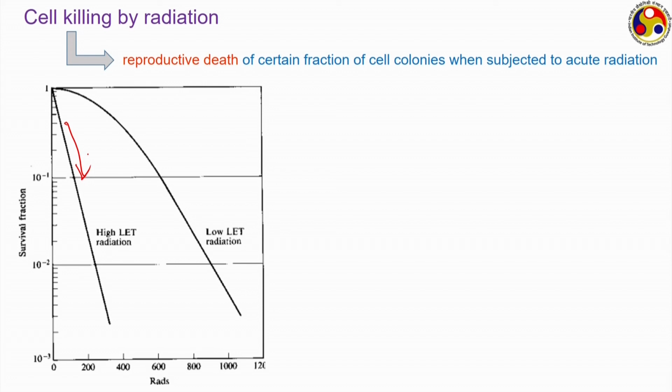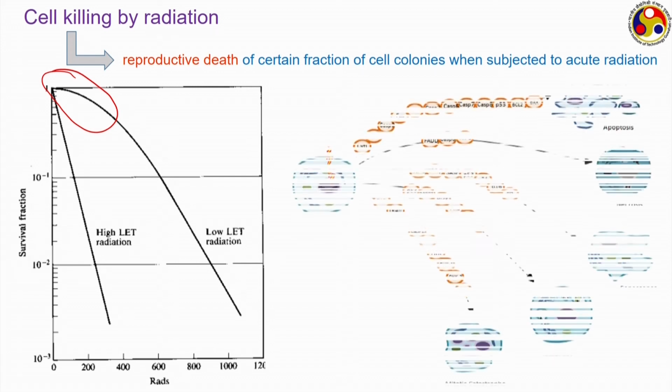One thing of importance here is the vertical scale is a logarithmic scale, and so the change is extremely rapid. Whereas for low LET radiation, the change is very small, particularly in this part there is very little change, it is increasing only later on. So, for a high LET radiation dose, the effect of radiation causing the cell killing is very prominent.